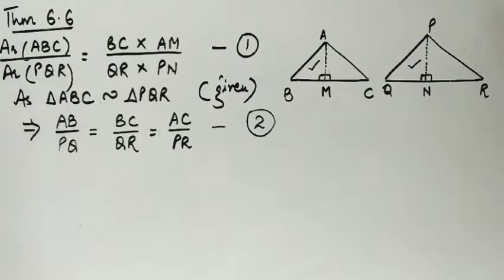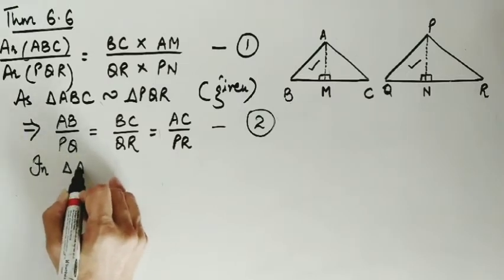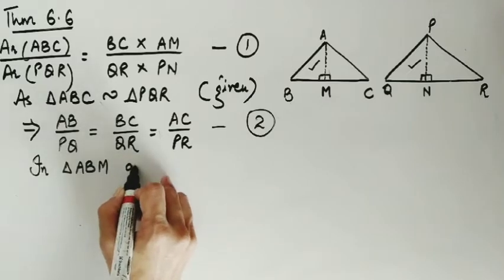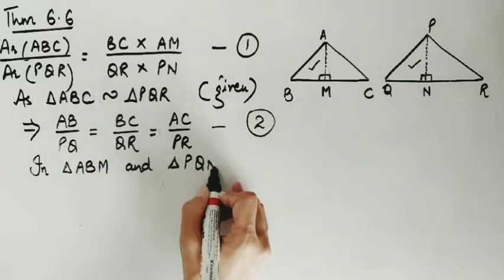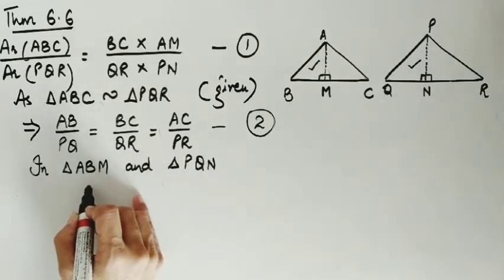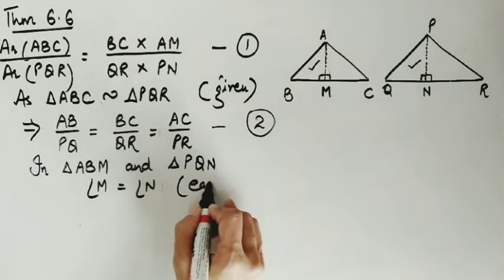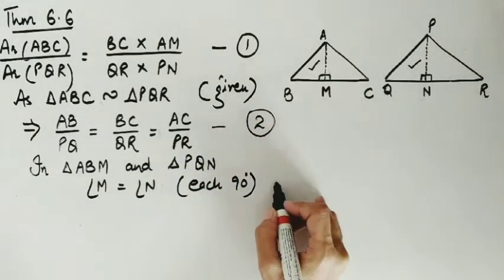Let's check whether they are or not. In triangle ABM and triangle PQN, angle M and angle N are each 90 degrees. This is by construction.